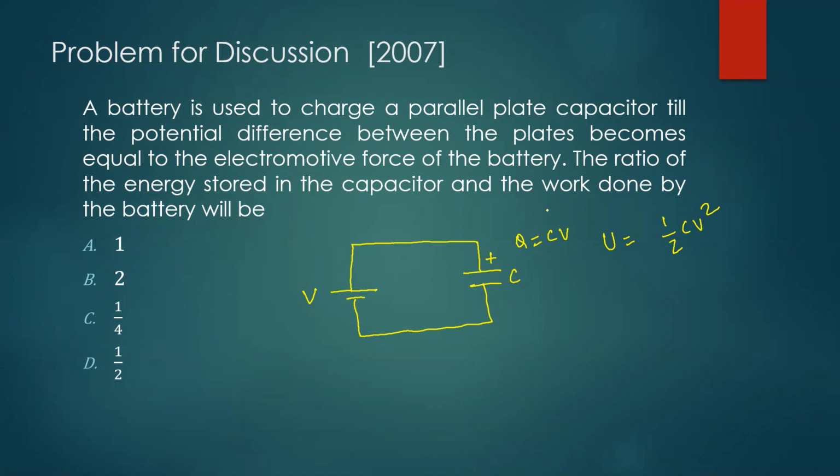So if Q is the total charge transferred, the work done by the battery is Q into V, which is CV square. Only half of it is stored as energy. So where did the rest go? That is the loss in energy. So for the ratio, it is 1:2. So you are right here.